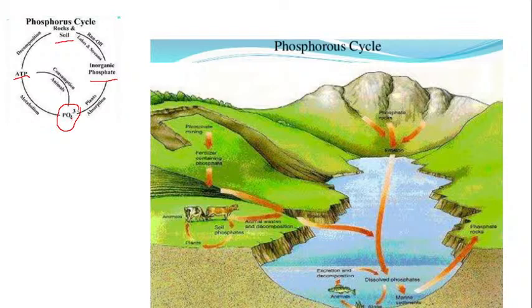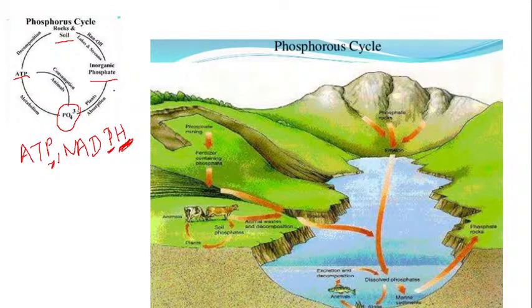At the same time, that phosphate is used by the animals which consume these plants. So phosphate will reach ATP. In living organisms, ATP has phosphate, NADPH has phosphate; these are all energy coins. In animals or living organisms, all the energy rich molecules have phosphate present.